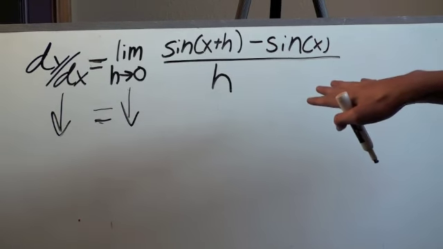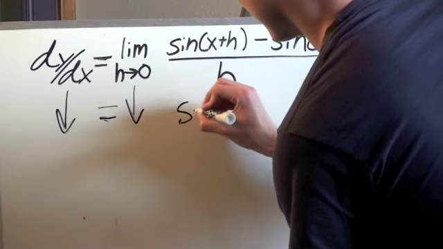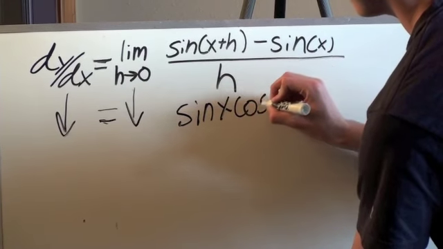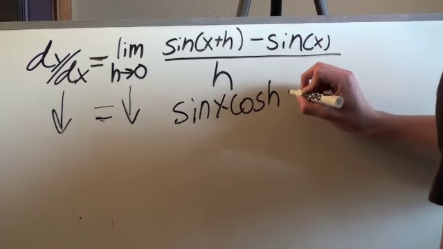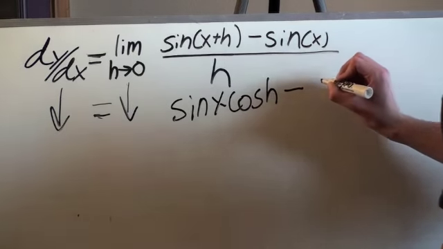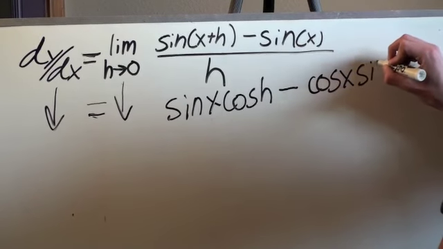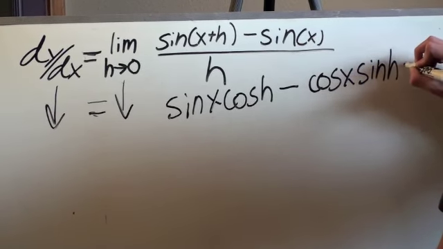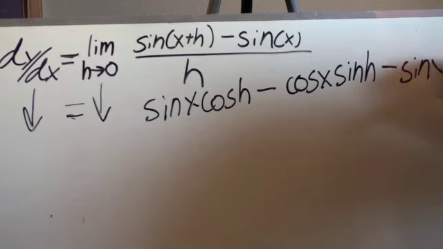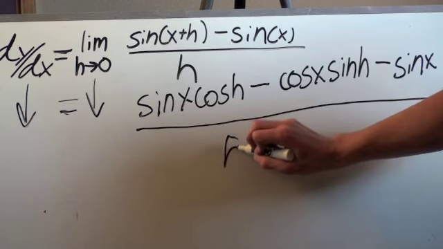And using the angle sum identity, our next line is going to be the sine of x times cosine of h minus cosine x sine h minus your original sine of x. And it's all over that h.